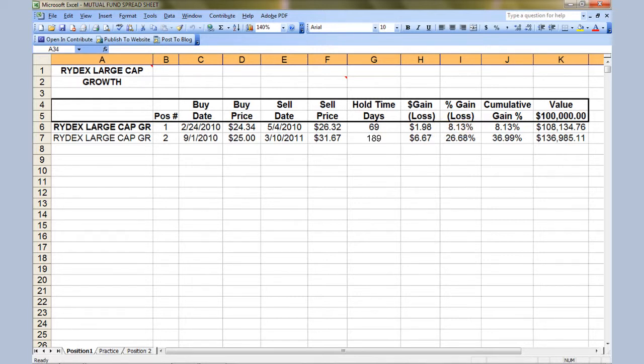As we enter the information for position number 2, we find that in 189 days, we realized a $6.67 gain and a 26.68% percentage gain. The compounded gain for the two positions was 36.99% in 258 days.